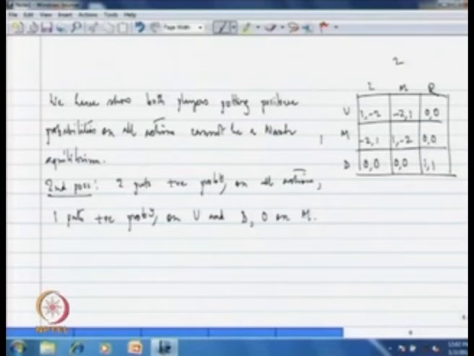Now, if this is the case, then remember, in this case U and D have positive probability. Let p and 1 minus p be the positive probabilities.